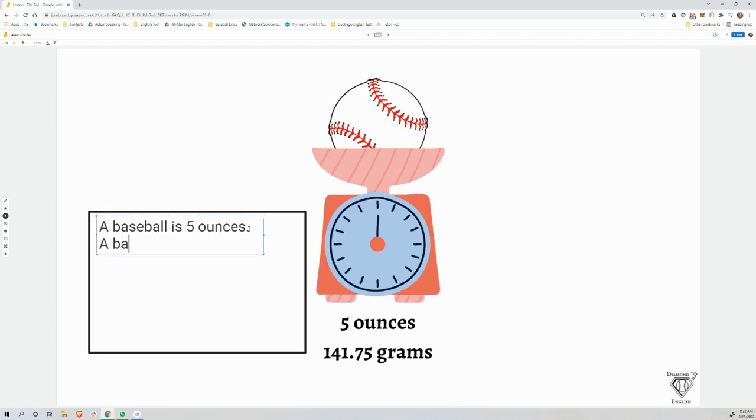Let's do this. 5 ounces is 141.75 grams. And notice a baseball is 5 ounces. 5 ounces is 141.75 grams. Is, it's like equals. 5 ounces equals 141.75 grams. A baseball equals 5 ounces.